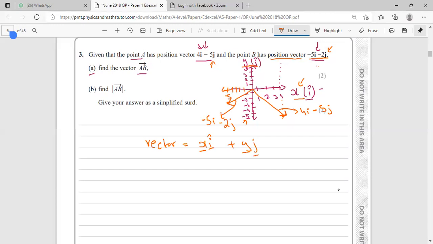So if we had 4i minus 5j, how do we plot this point 4, minus 5 on graph? How do we do that? So basically this is 4, right? And then minus 5 would be here. So this was the point. Since we are interested in finding out the position vector, it basically is a line from the origin in downward direction, right?